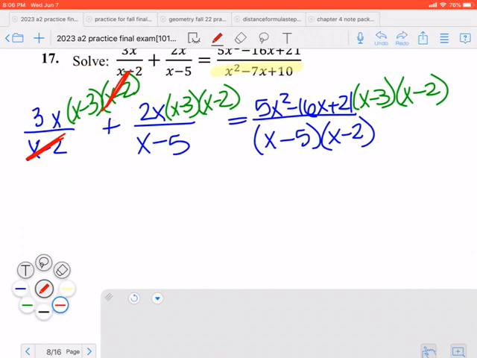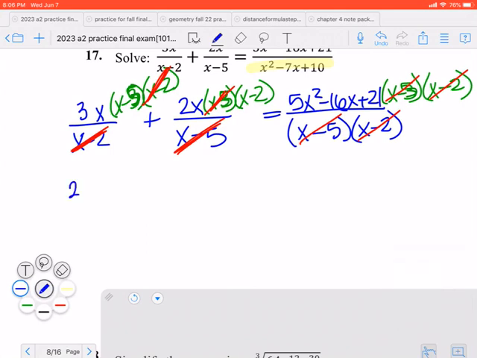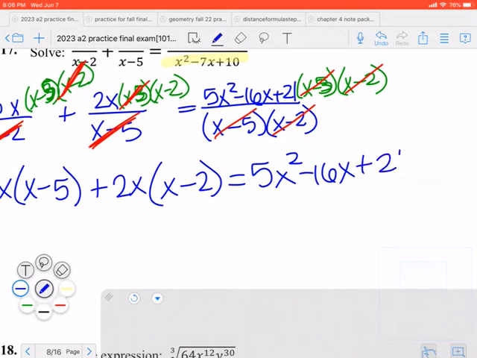Oh, I wrote 3's instead of 5's. Sorry. That's a 5, and that's a 5. X minus 5's cancel there, and they both cancel there. So what we have left over now is 3x times x minus 5 plus 2x times x minus 2 equals 5x squared minus 16x plus 21.